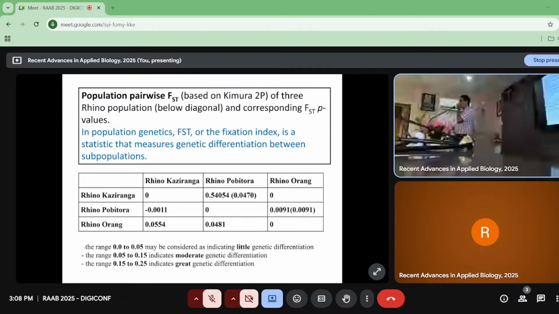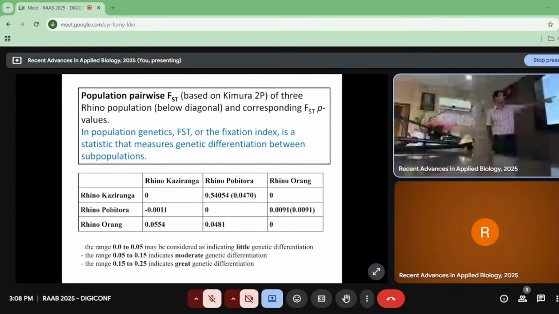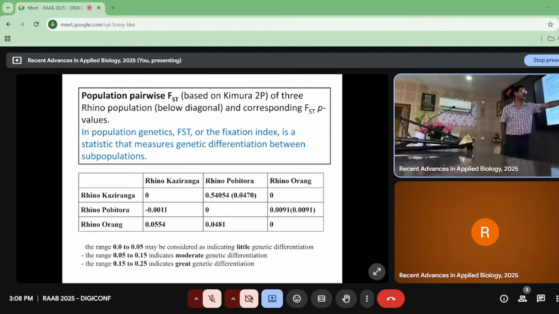Then population pairwise FST was calculated using the Kimura 2 parameter from the 3 rhino populations, and the estimation is done using some software, and the comparison is made like this. Rhino Kaziranga with itself is 0, definitely. Rhino Kaziranga and Rhino Pavitora, it is 0.54. Rhino Kaziranga and Rhino Orang, no differences.